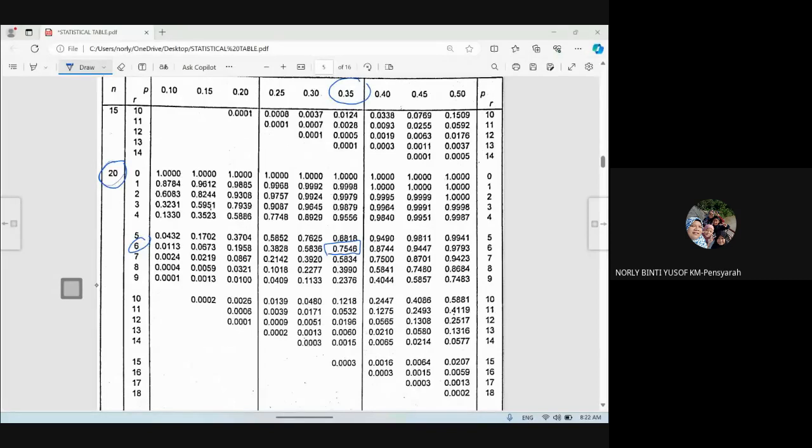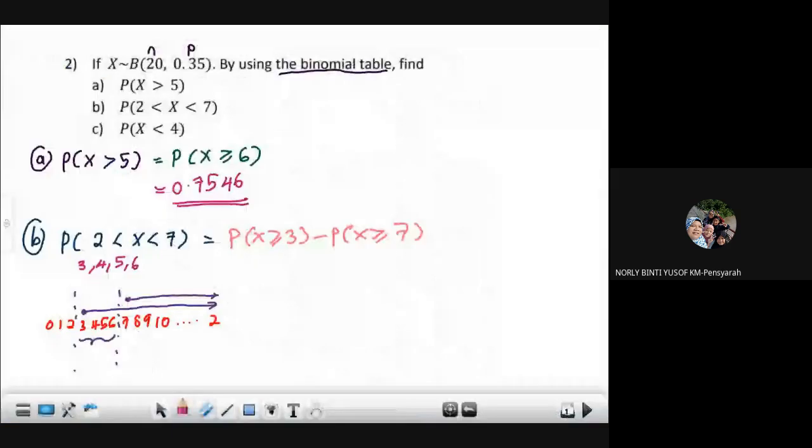Kalau 3 you punya nilai adalah 0.9879. Kalau 7 nilai you 0.5834. So ambil nilai tu dan masukkan, selesaikanlah. So 0.9879 untuk R3 tolak 0.5834. Then you take the difference, you calculate, you got 0.4045.